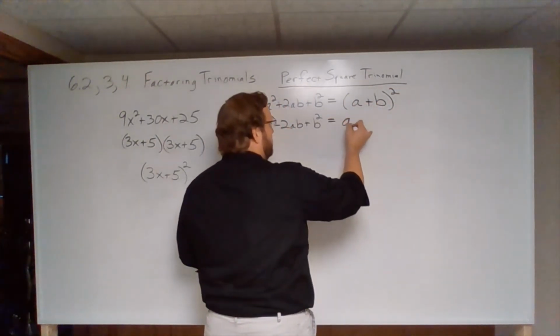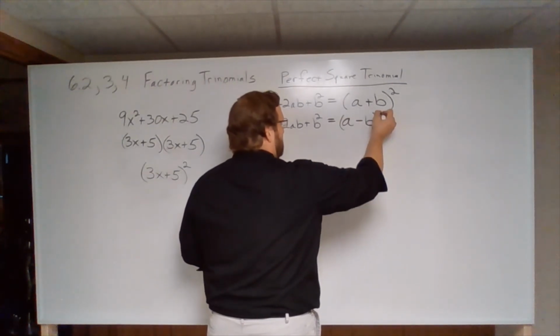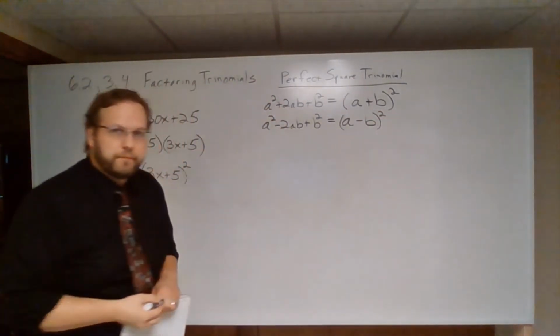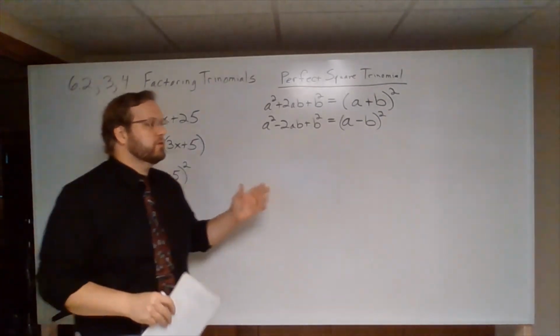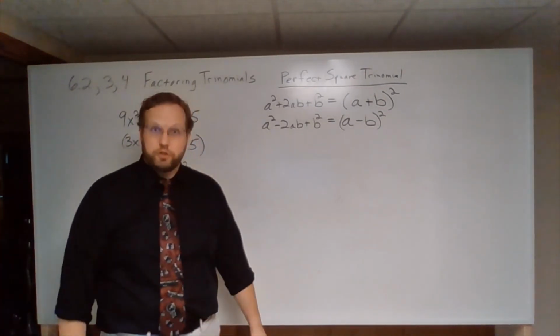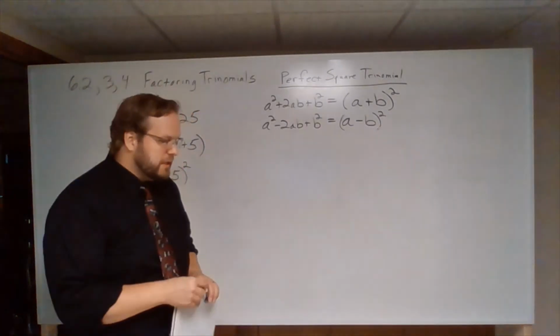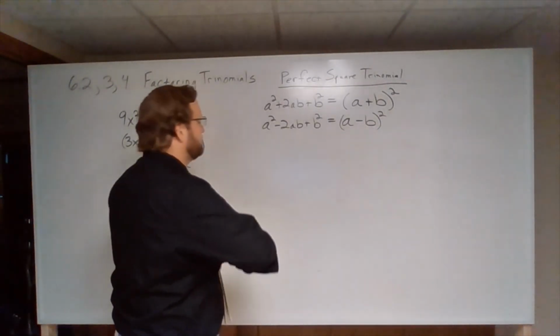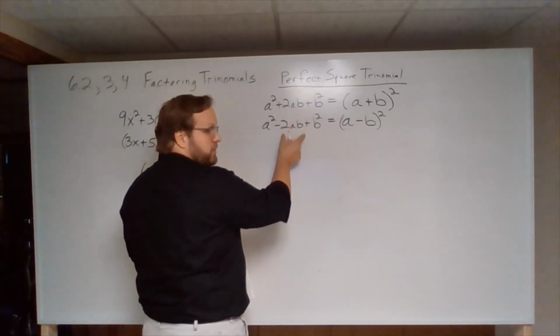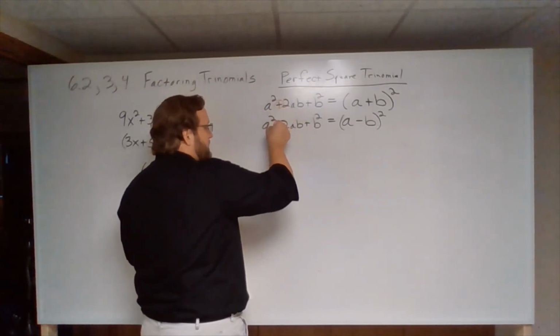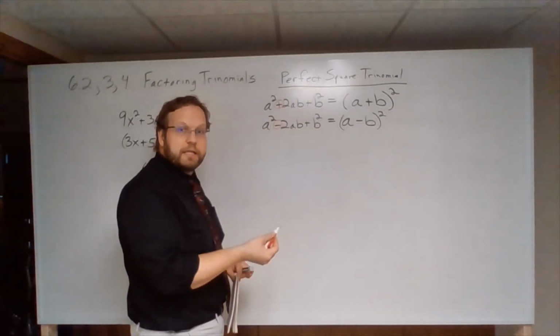And here we can factor like that. Okay, now I remember learning this years ago when the teacher said, here's your pattern. You got it? Good. And I said, I know what you're talking about. Okay. First thing I want you to notice is what's different about these two are these signs right here. And where do they show up?